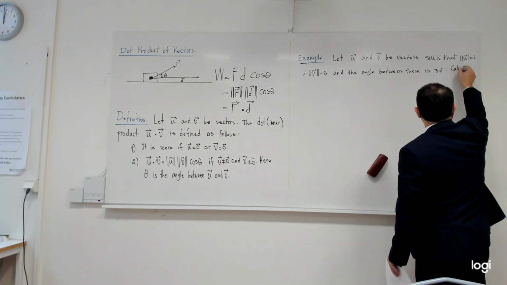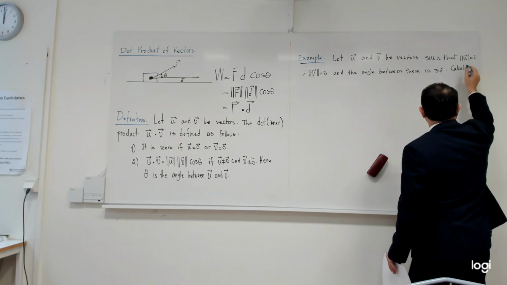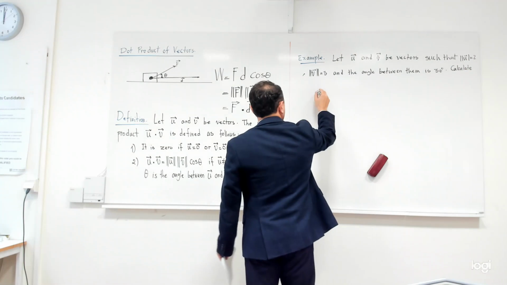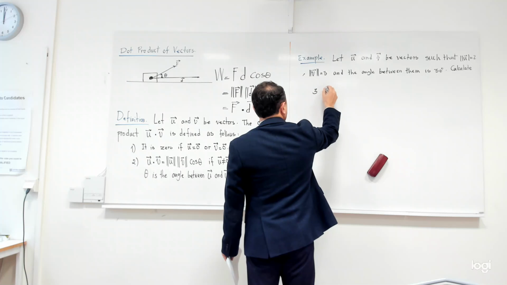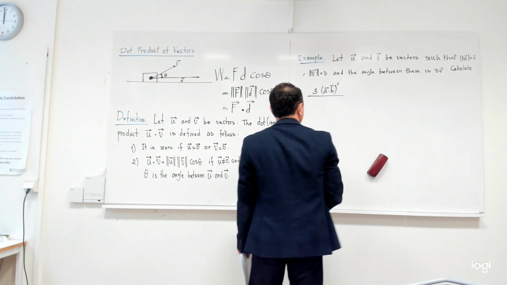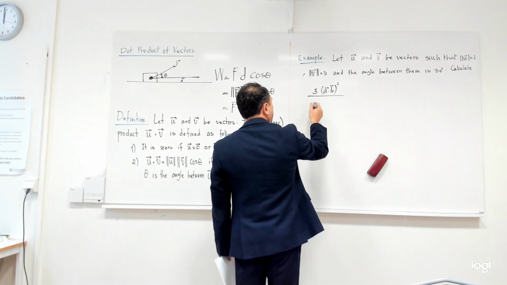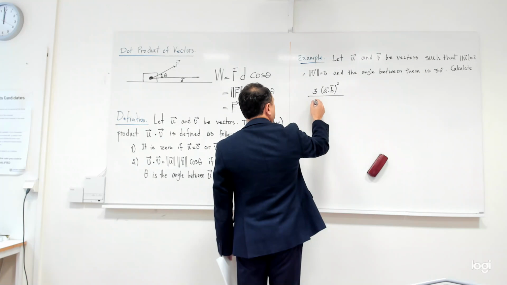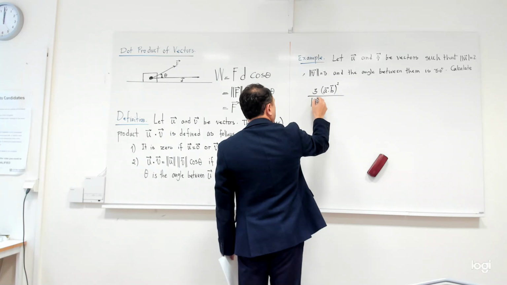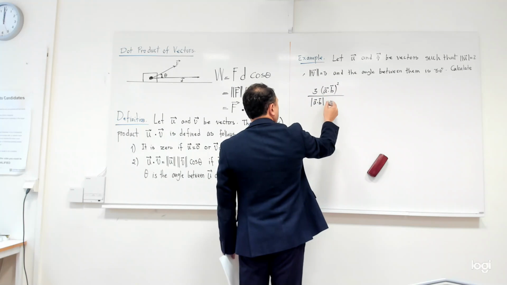Calculate, for example, 3 times (u dot v) squared, plus the absolute value of u dot v, plus 5.